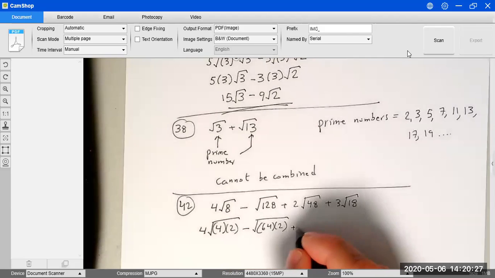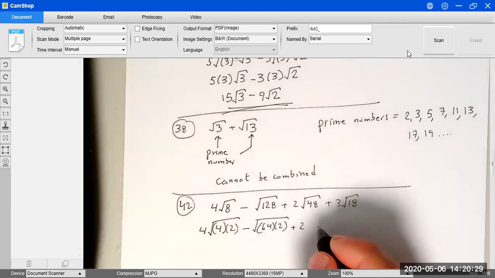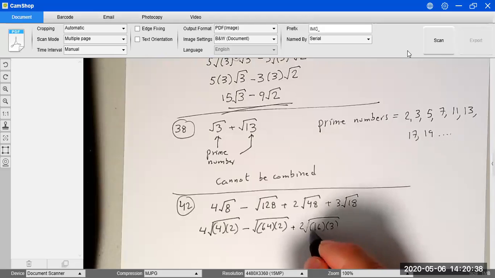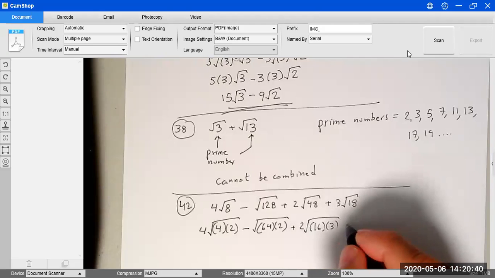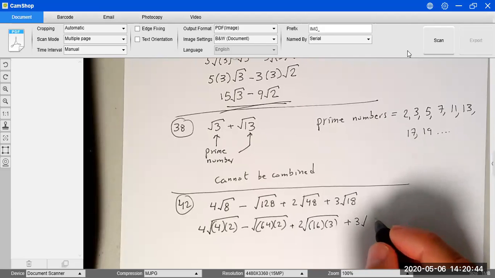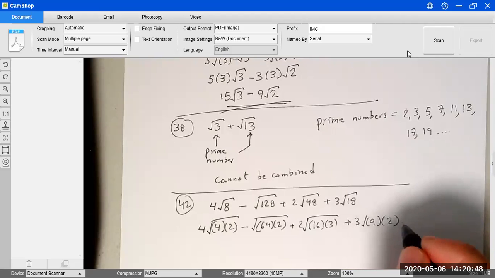Then I have plus 2 times 48. 48 is 16 times 3, and 16 is a perfect square. Then I have 3 and 18 can be broken as we did before as 9 times 2, and 9 is a perfect square.